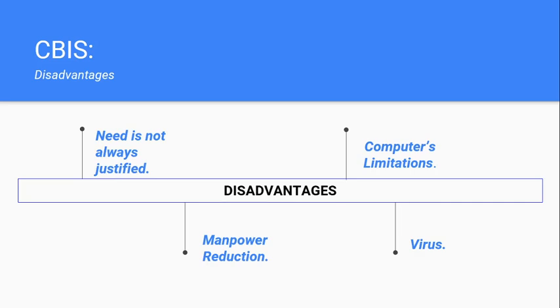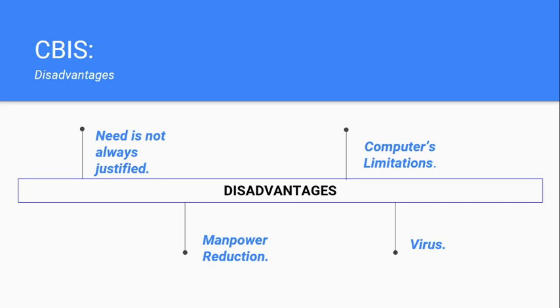Right? So with this, we are concluding the topic of computer-based information system. What we have learned today in the computer-based information system class is what a computer-based information system is. CBIS is nothing but an information system that uses computers to perform different activities.